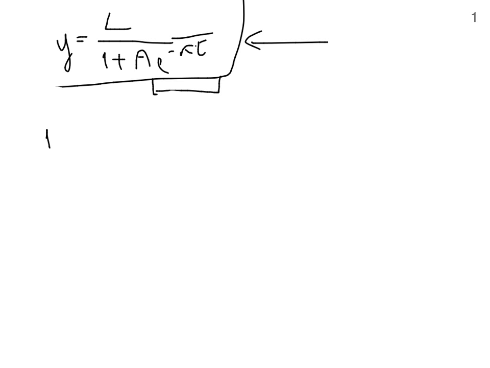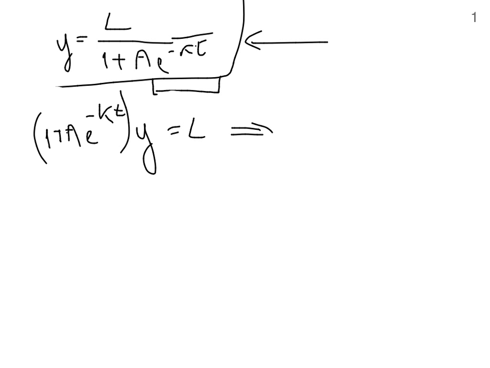So I can write (1 plus a, the exponential of minus kt) y equal to L. And this can be rewritten as y plus a y e to the minus kt equal to L.